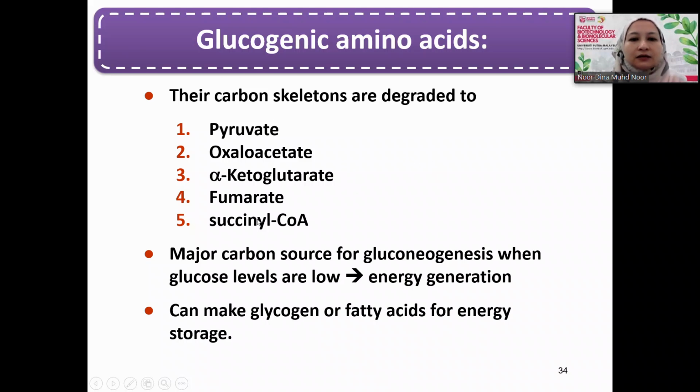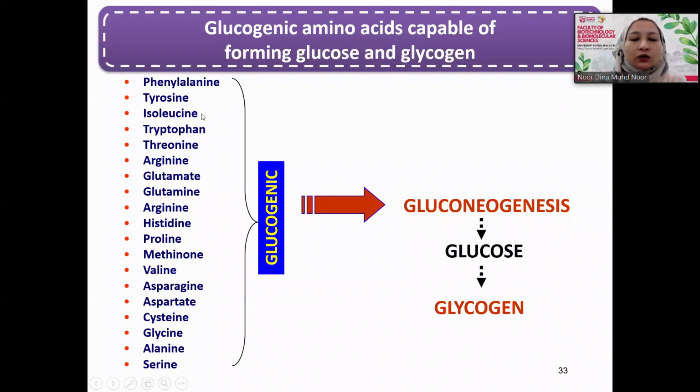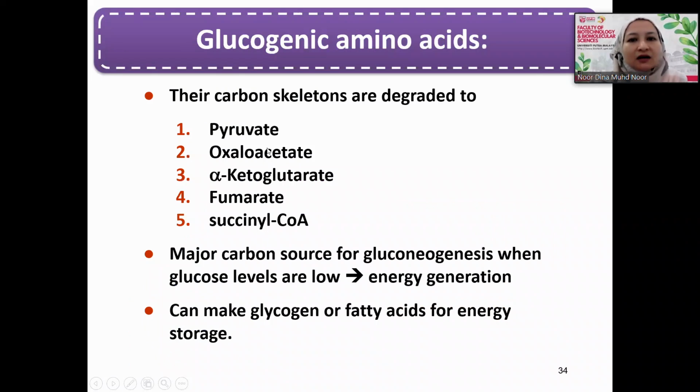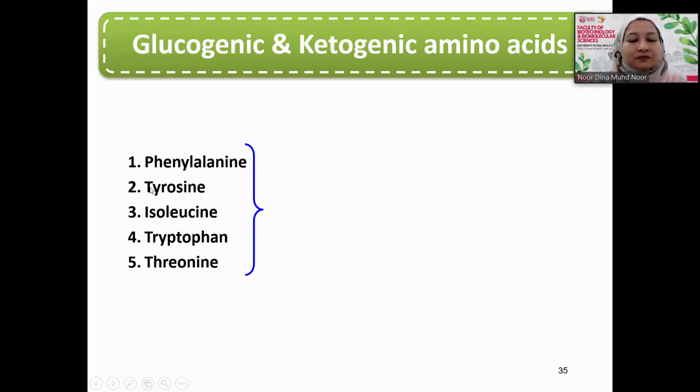So which one is going to be degraded into pyruvate? Which one is going to be degraded into oxaloacetate or fumarate, succinyl-CoA, or alpha-ketoglutarate? We're going to look later at which of them is degraded into these intermediates.